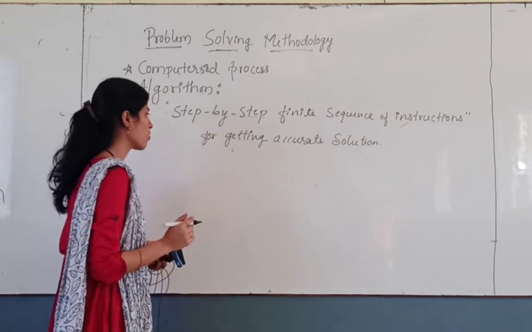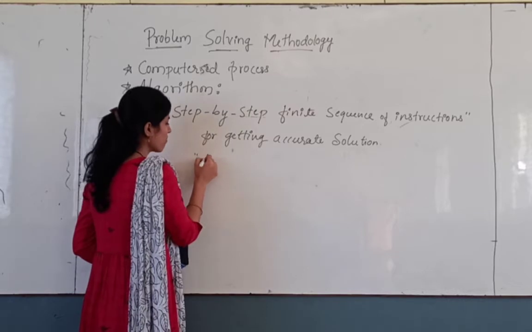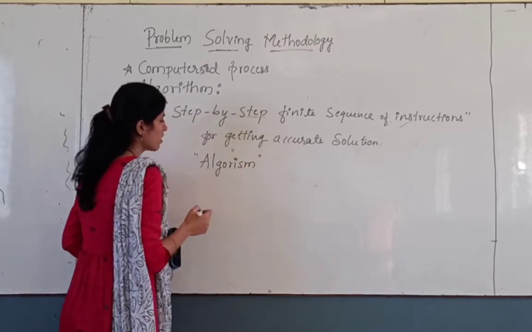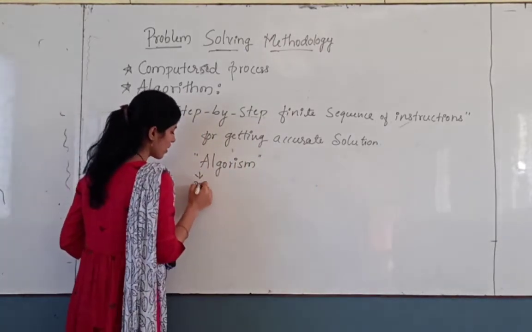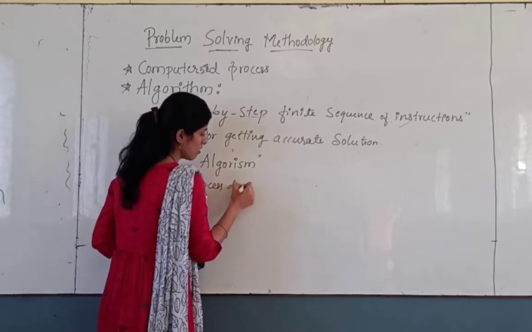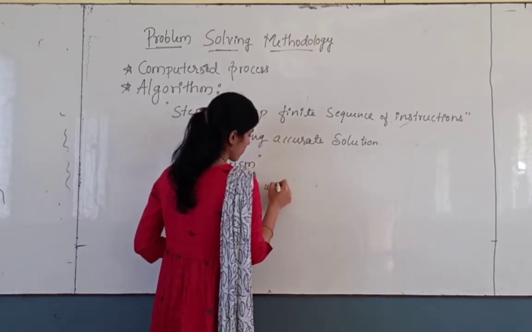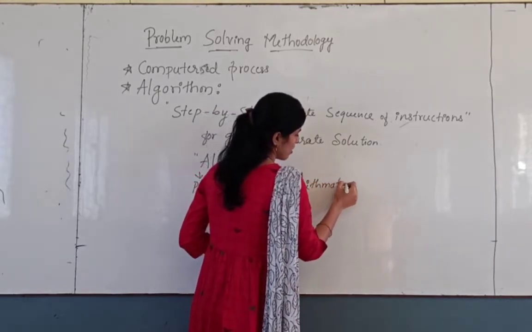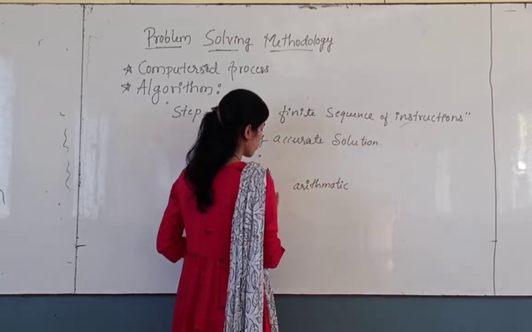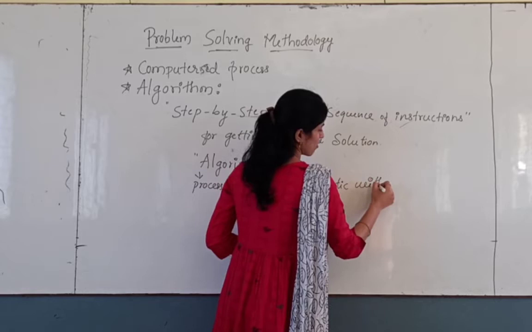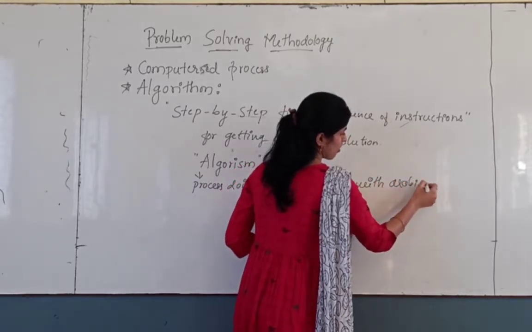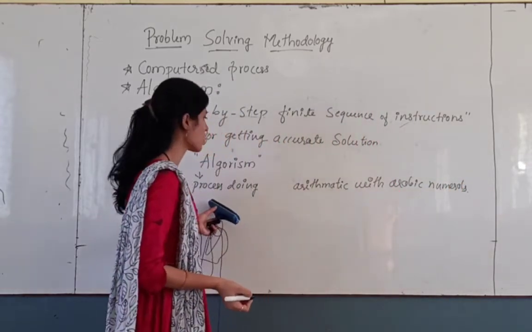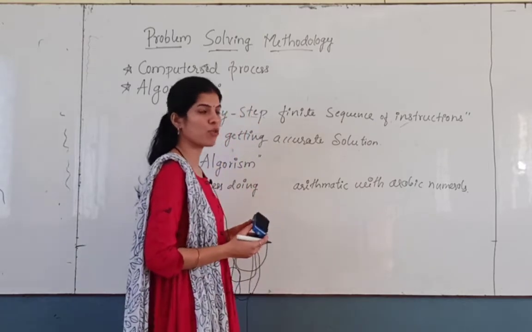The word algorithm comes from algorithmi, which means the process of doing arithmetic with Arabic numerals.